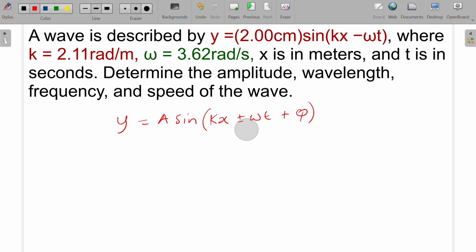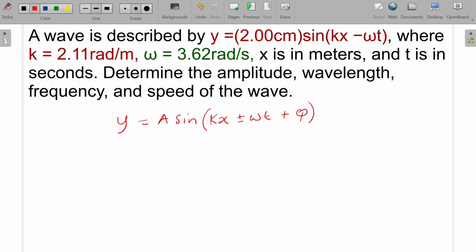So the wave we're given in the question is moving in the positive x direction. That's why we have a minus sign there. Now let's analyze the function we're given. We're not given the phase angle, meaning the phase angle is equal to 0. So this part is gone. Here we're using a negative because the direction is the positive x direction.